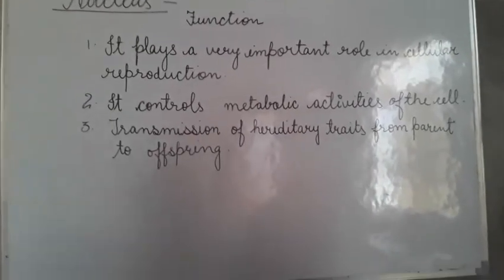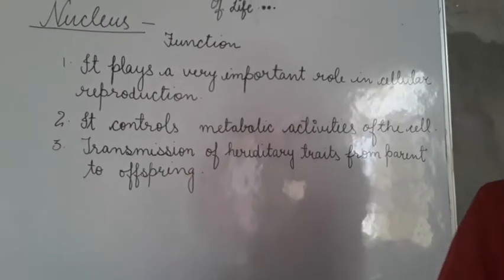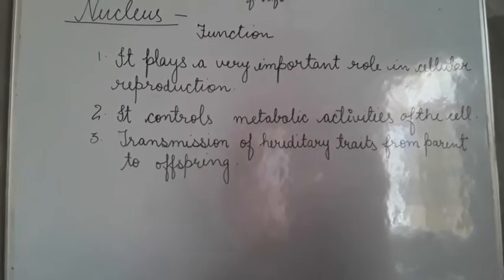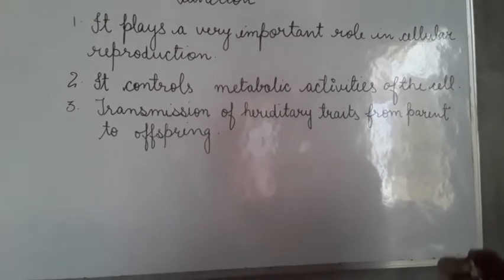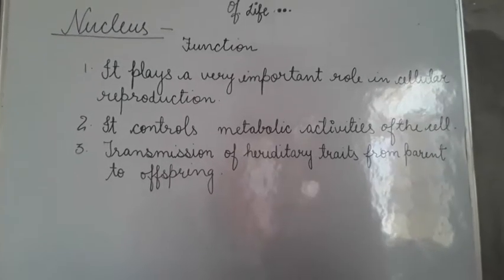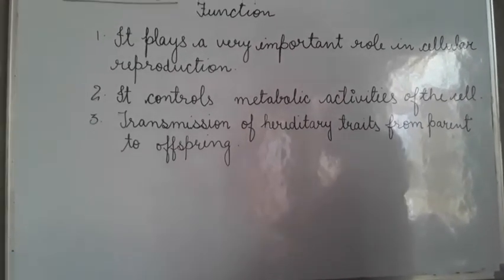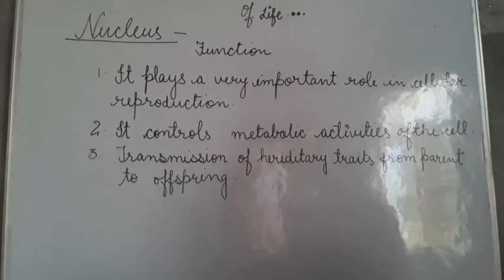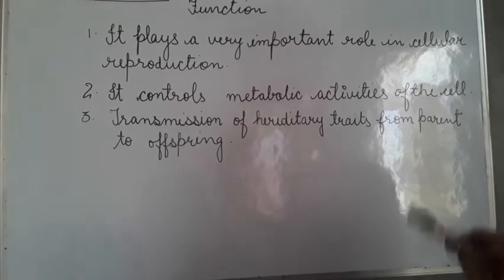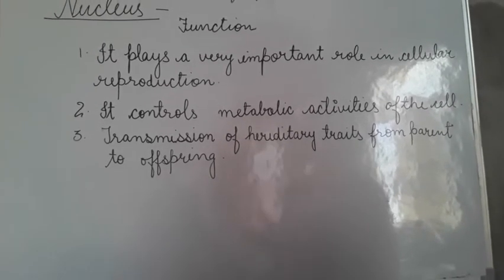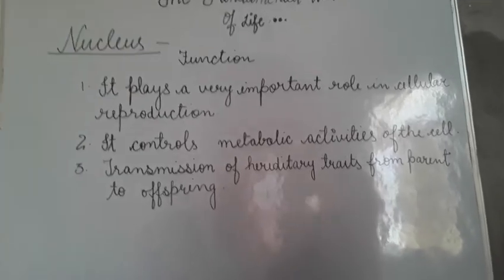What are metabolic activities? They involve all the chemical reactions which are necessary to maintain the living state of the cell. And third, it transfers hereditary traits from parents to offspring. These are the functions of the nucleus.